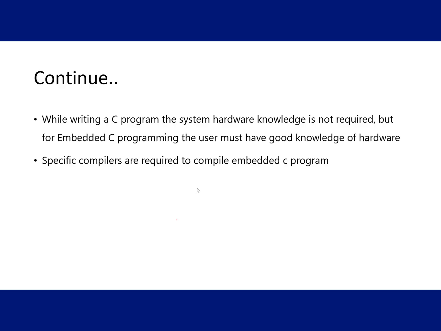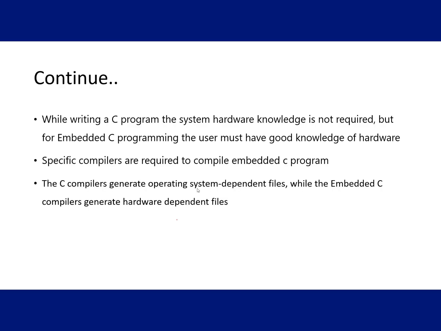Specific compilers are required to compile embedded C programs. The C compilers generate operating system dependent files, while the embedded C compilers generate hardware dependent files. So for example, the program written for Atmega 16 will not work with 8051.